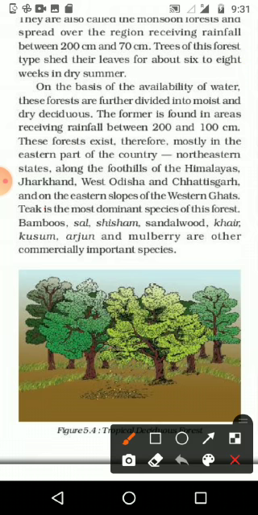Teak is the most dominant species of this forest. Bamboo, sal, shisham, then sandalwood, kusum, arjun and mulberry are other commercially important species.